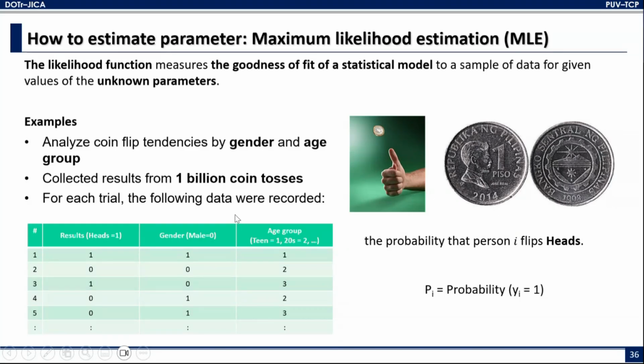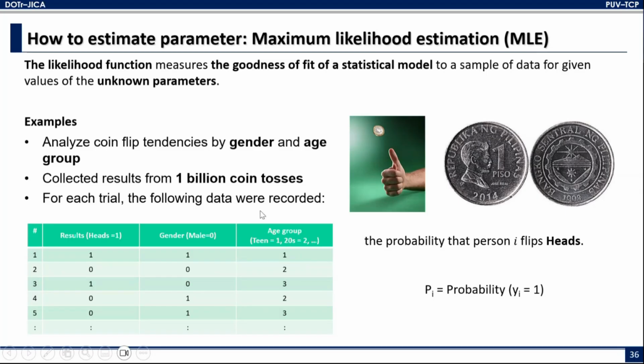Of course, they are not. However, the scientist makes a hypothesis, and collected the results from 1 billion coin toss trials, and for each trial, the result, and the coin tosser's gender and age group were recorded accordingly.